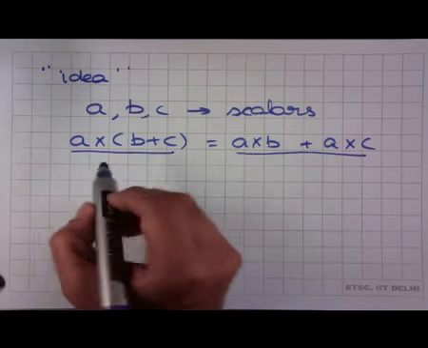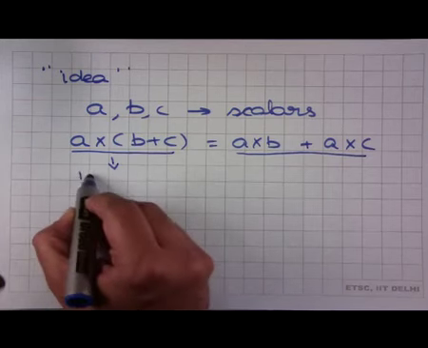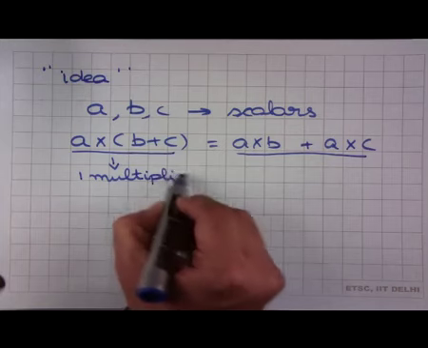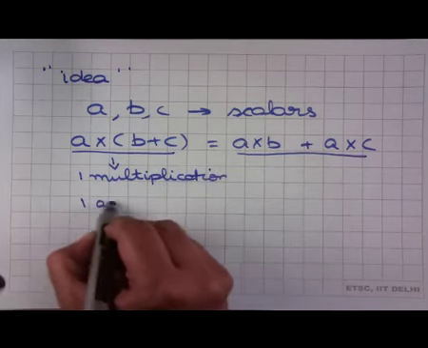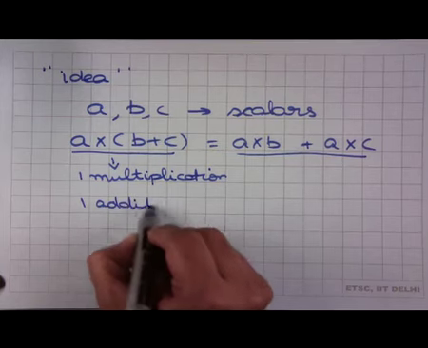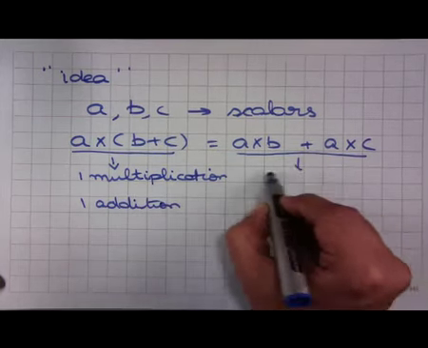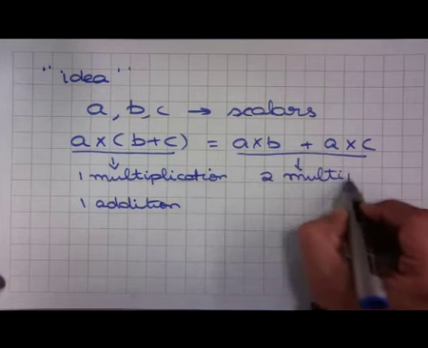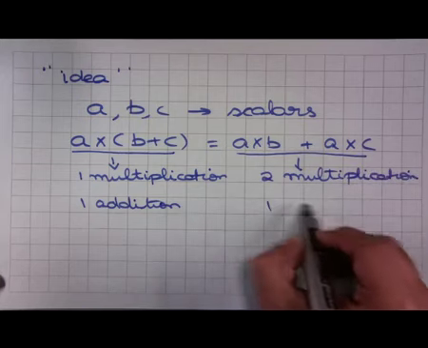If we compute the first way, we have one multiplication and one addition to do, whereas on the other side we have to do two multiplications and one addition.